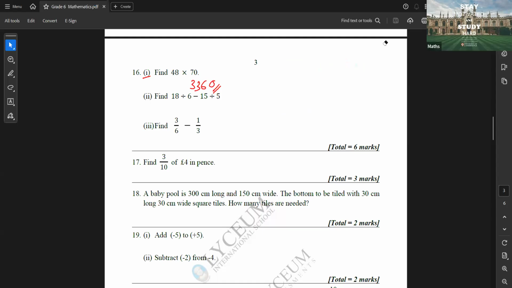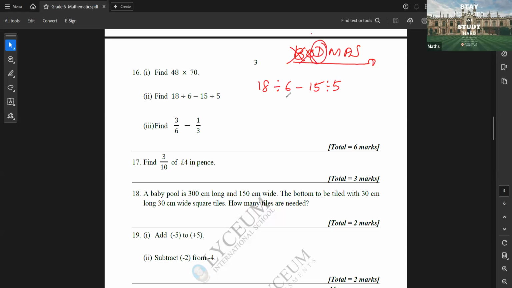Moving on. Second question. Find 18 divided by 6 minus 15 divided by 5. We learned in our class about the order of operations. Brackets, we don't have, of, we don't have.